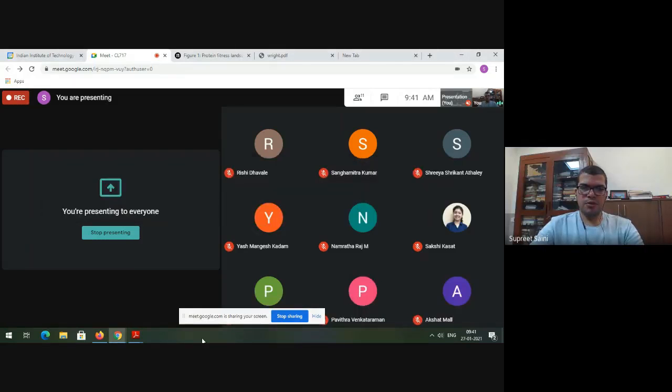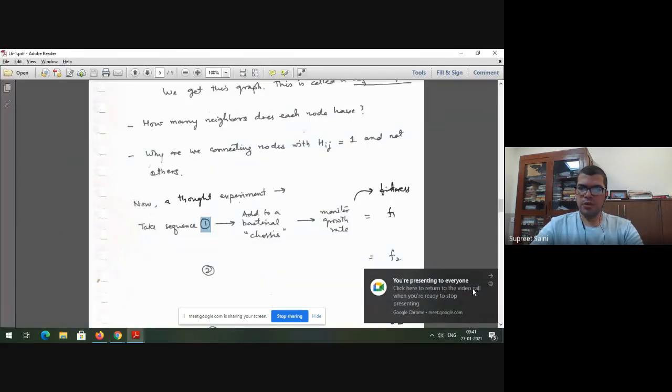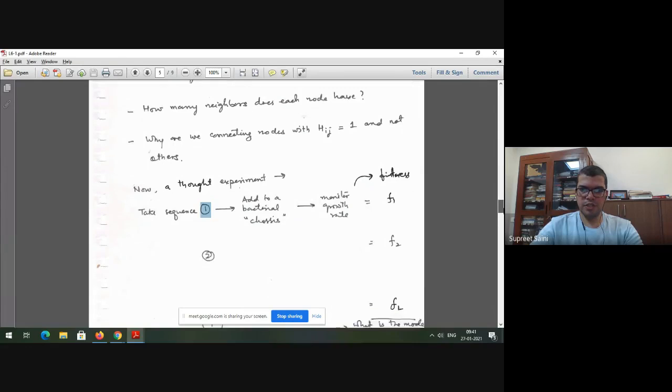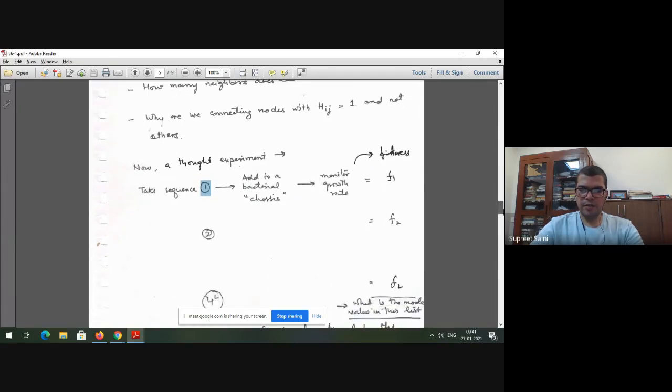So what I do next is do the same for each of these sequences. I take every one of those 4 to the power L sequences, I put it in a bacterium, and now this sequence and the information that it contains is going to decide, in the given environment, how fast or how slow this bacteria is going to divide, what will be its growth rate, and consequently, what would be its fitness.